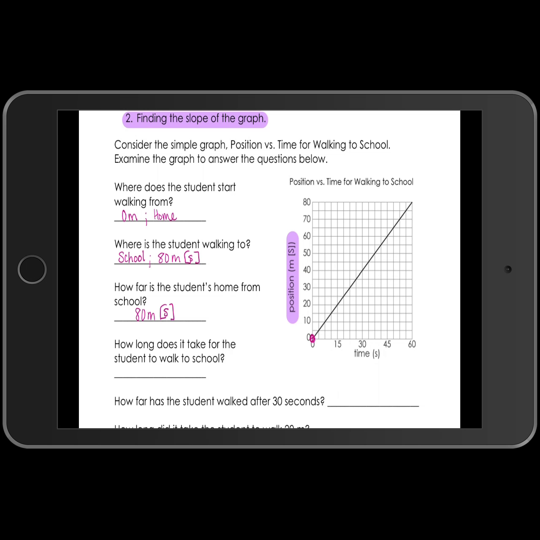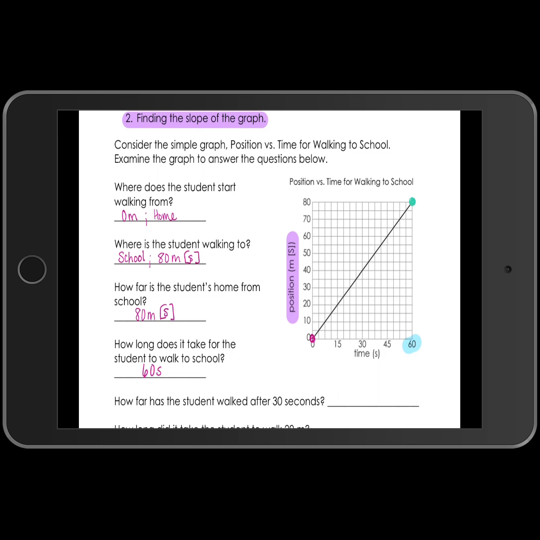How long does it take for the student to walk to school? When it reaches the school, which is here, if we go down and look at the time, it's at 60 seconds. So it doesn't take very long.